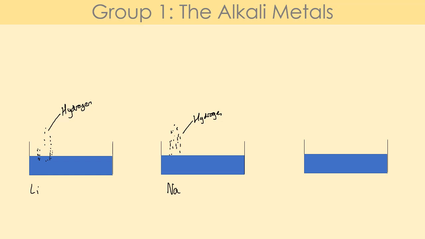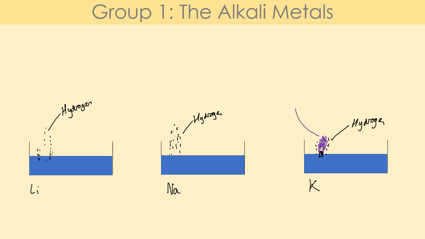Our final one is potassium, so we've got K. Now potassium is a lot more exciting. We drop our potassium in, again we get that fizzing, we get that hydrogen gas coming off, but we also see a lilac flame.